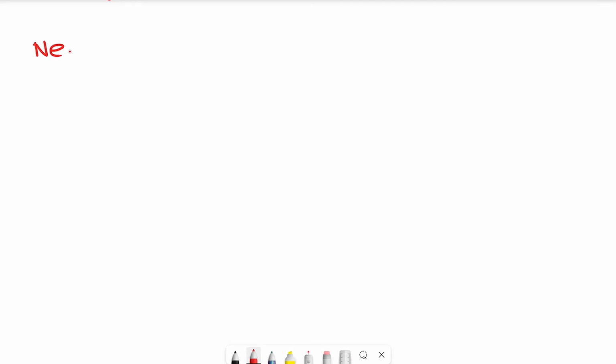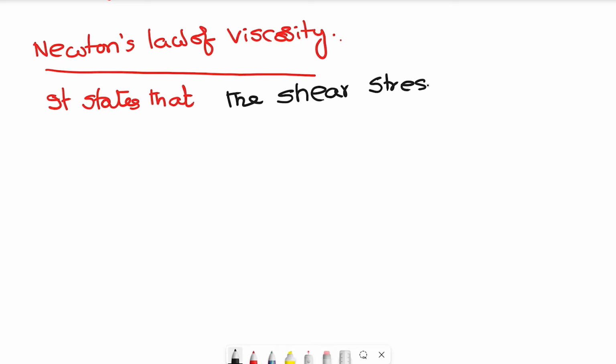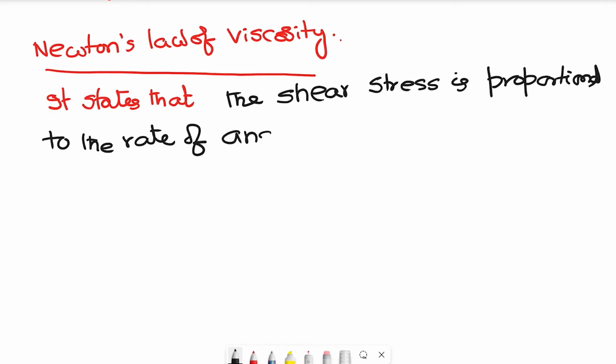Next, let us go to what is Newton's law of viscosity. Newton's law of viscosity states that the shear stress is proportional to the rate of angular deformation.